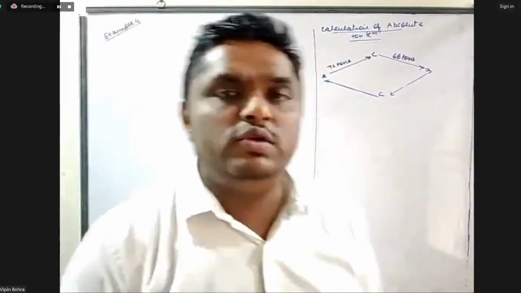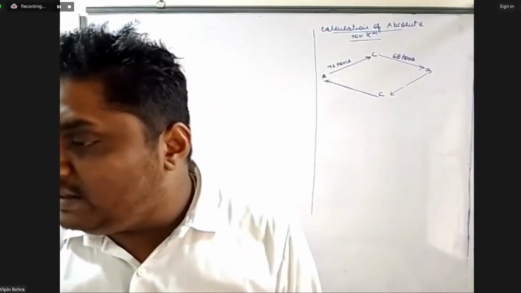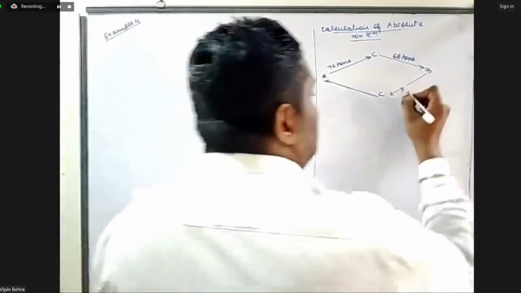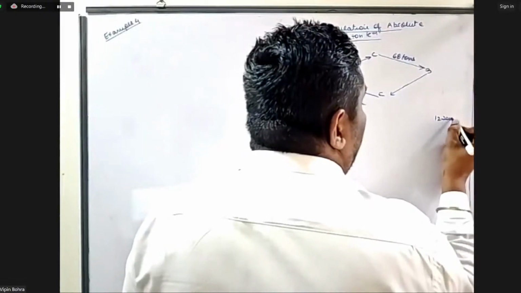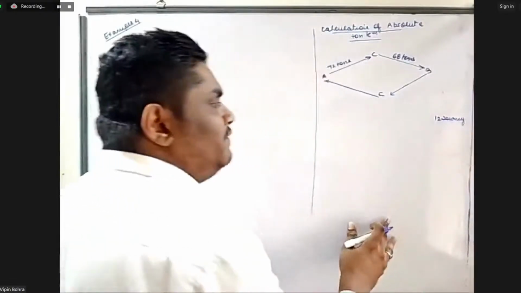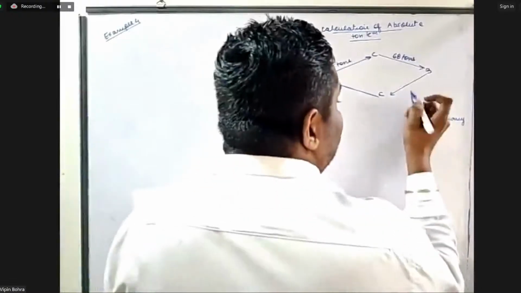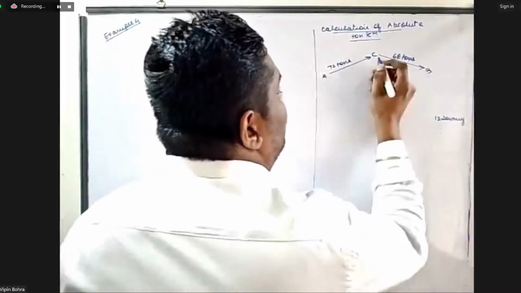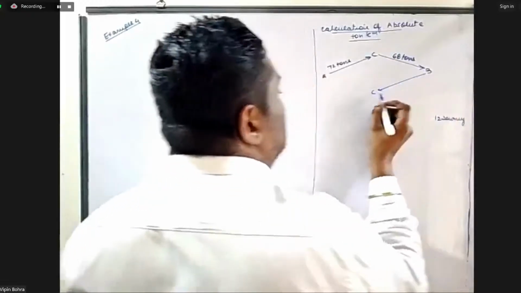Now in the return journey, the return journey will also be 12 times. In the return journey, the truck carried a load of 8 tons for 5 times. For 5 times they carried how many tons? 8 tons.